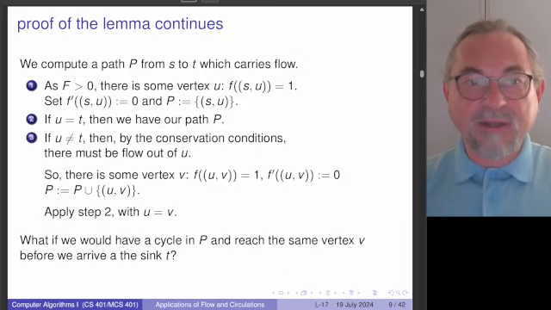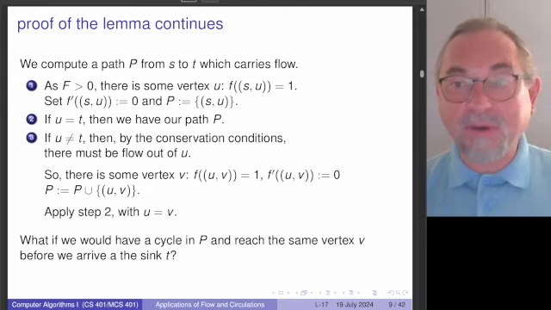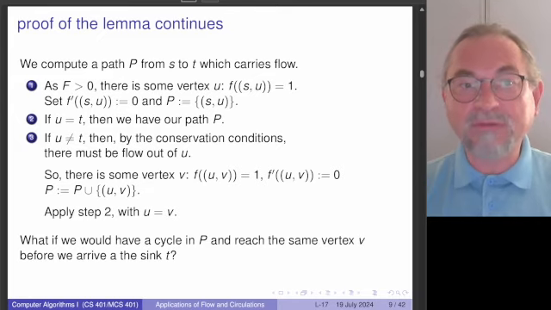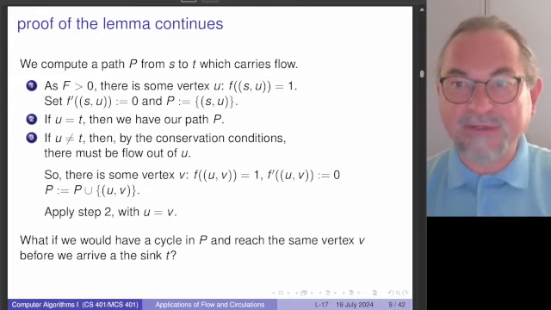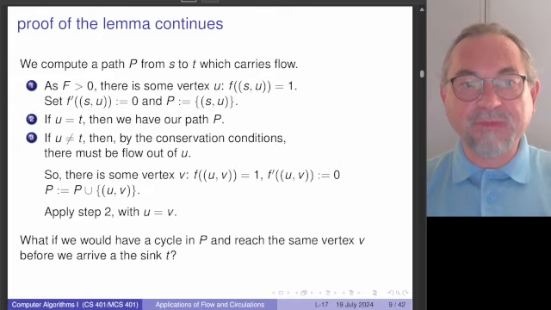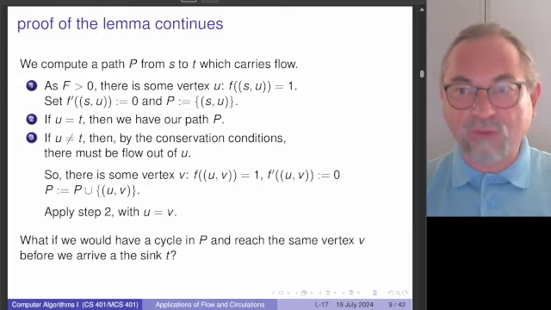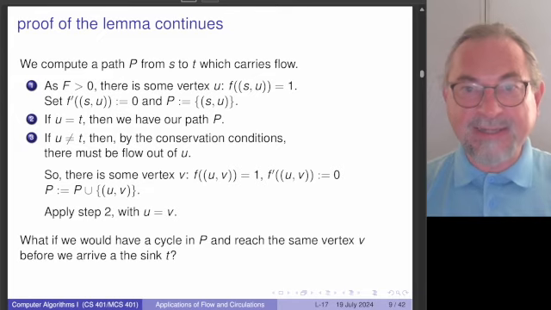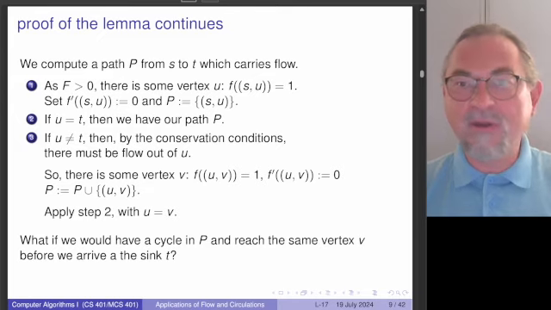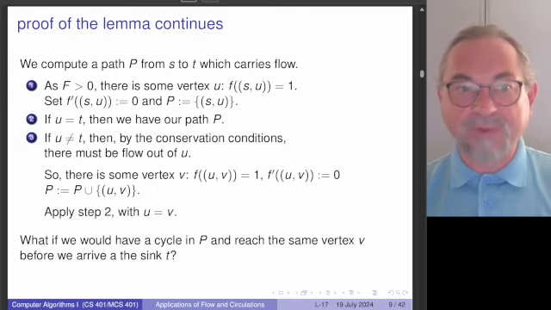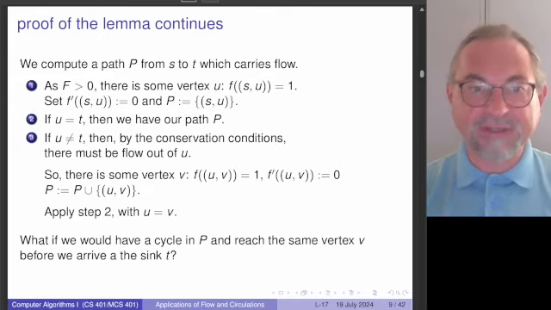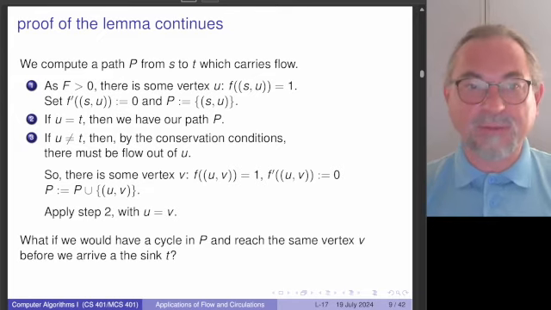Okay, let's prove this lemma by means of an algorithm. So how do we compute a path? Well, there is positive flow, otherwise we are in the base case and our recursion stops. So we have a vertex that is connected to the sink and for which there is flow. So we define then a new flow by setting the flow, f prime for that edge, to 0, and we have the start of our path.